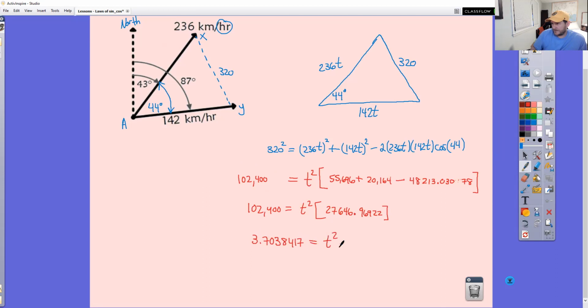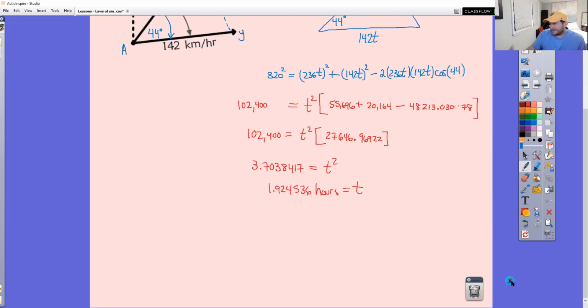But that equals t squared. So just take the square root now, and you're done. 1.924536. These are hours. And you weren't asked to solve in hours. You were asked to solve in minutes. So multiply this by 60. That'll convert it to minutes.